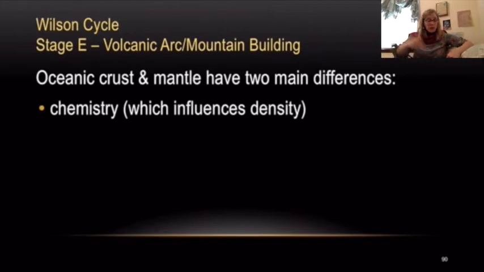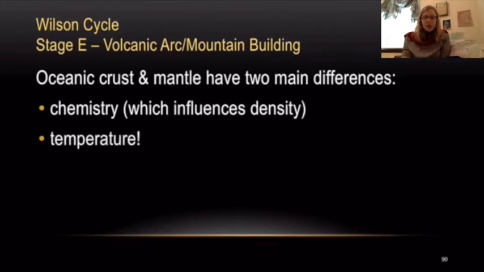Thankfully for us, the ocean crust's density is not terribly much lower than the mantle's. So the ocean crust is a little lower in density than the mantle. But the main big difference is that the deeper you go into the Earth, the higher the temperature will be. So the mantle is much hotter than the ocean crust.